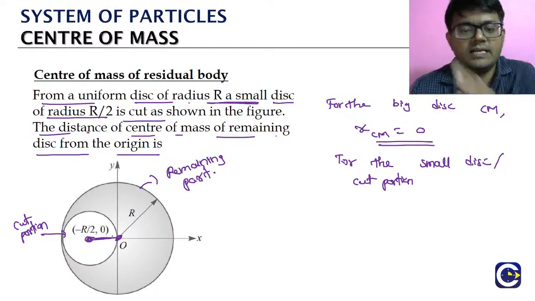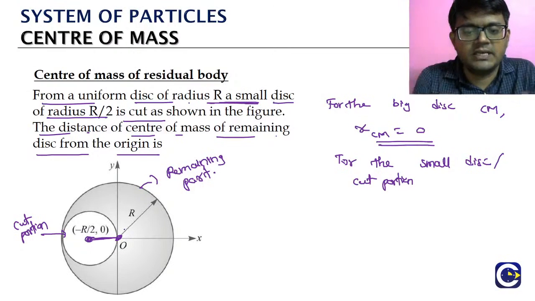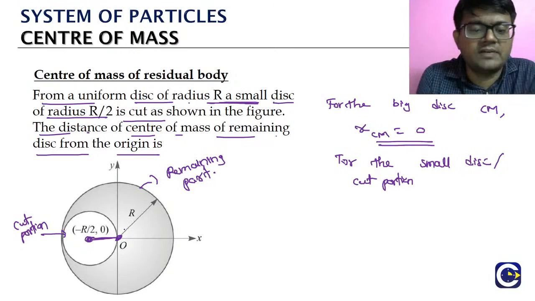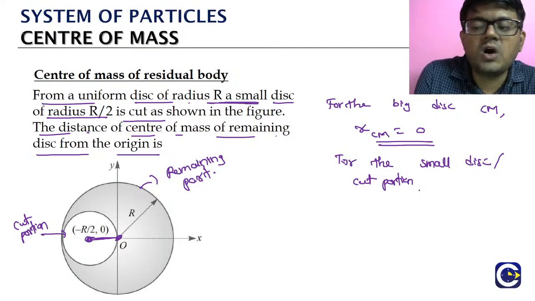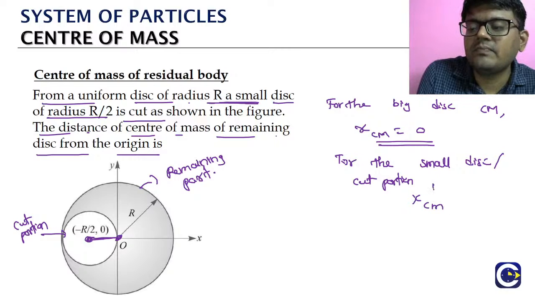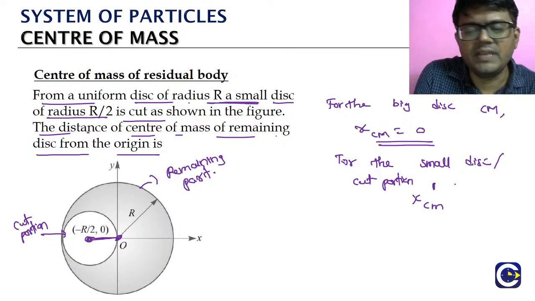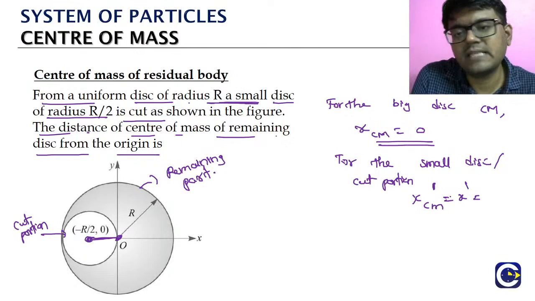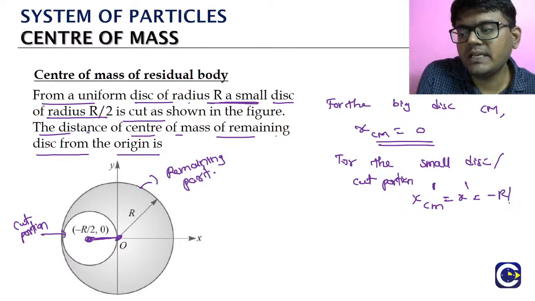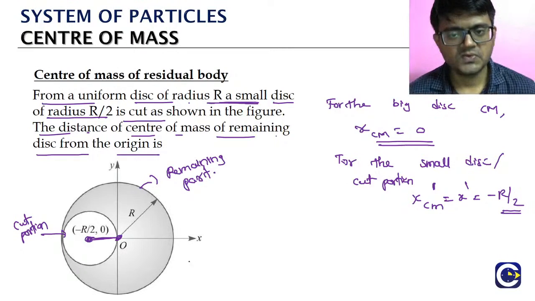Minus r by 2. ஏன்னா left side will take it negative, right? இங்க நம்ம எடுத்த coordinate system base பண்ணி right side is positive, left side negative. So for the small disk or the cut portion, அதோட center of mass coordinate x1 ன்னு எடுக்கலாம். What is x1 oda value? It will be minus r by 2. Okay va?